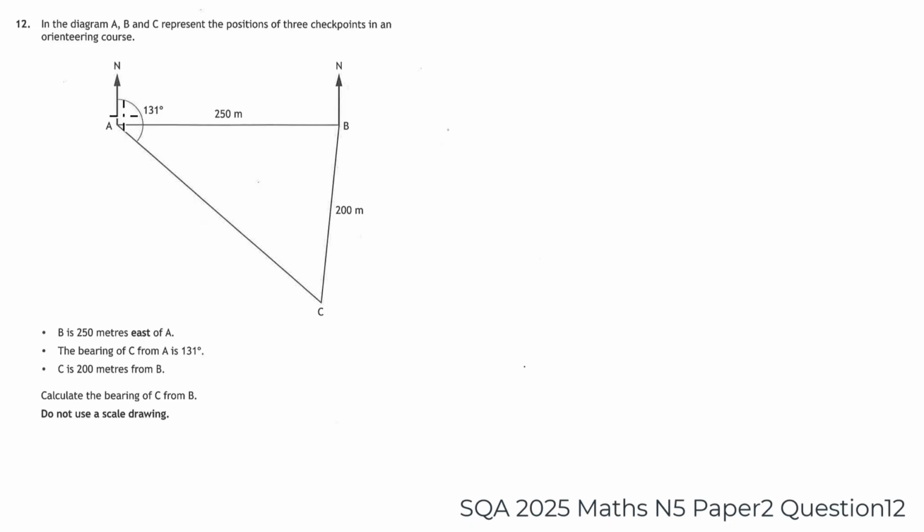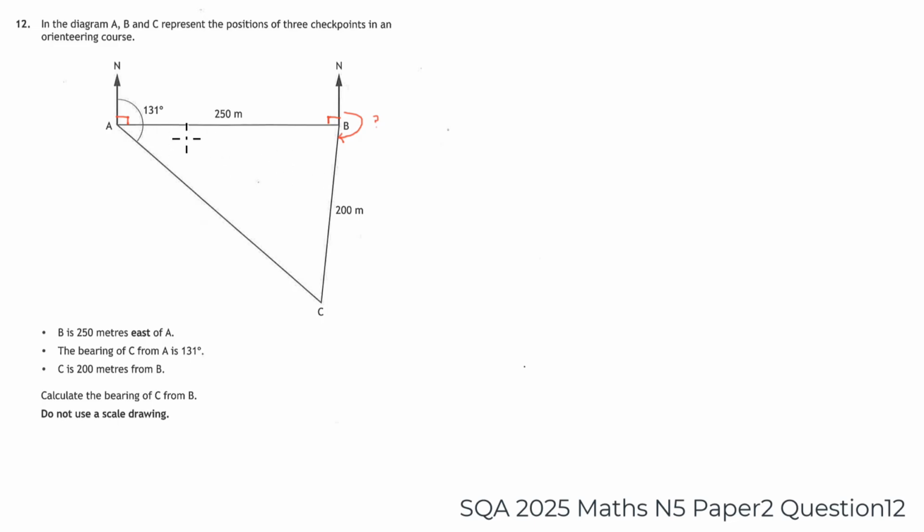We now know, since B is due east of A, that's 90 degrees. Also, since these two north lines are parallel, this angle also is 90 degrees. Now we're required to find this clockwise angle, the bearing of C from B. So if we can find this angle in triangle ABC, we would be able to work out the bearing of C from B. So what do we know about this triangle ABC?